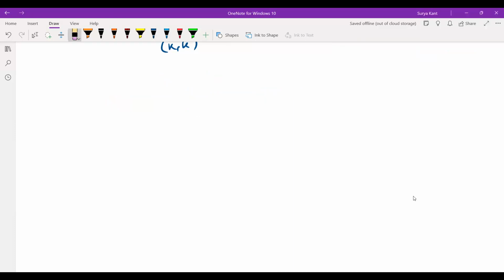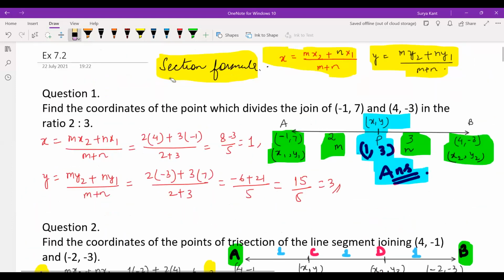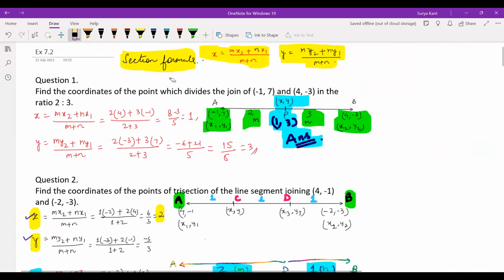So we'll start now with question number 1. We have the formula on the top here. Find the coordinates of the point which divides the line joining the two points, -1 comma 7 and 4 comma -3.